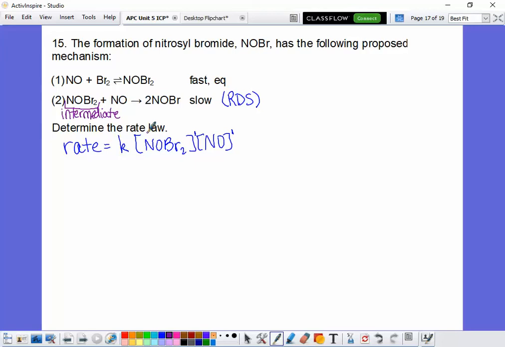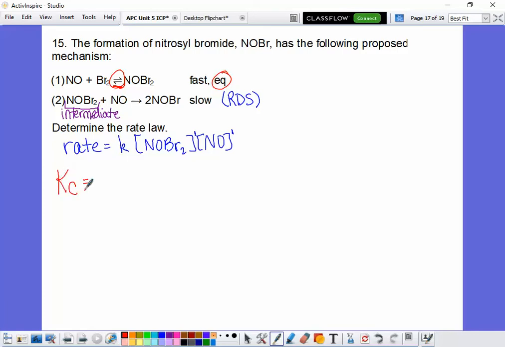What can be said about our first step that's related to stuff we're learning this unit? It's at equilibrium. See how it has that double arrow right here, and it also tells you it's in equilibrium? So what expression can we write about the first step? The Kc expression, the equilibrium expression.